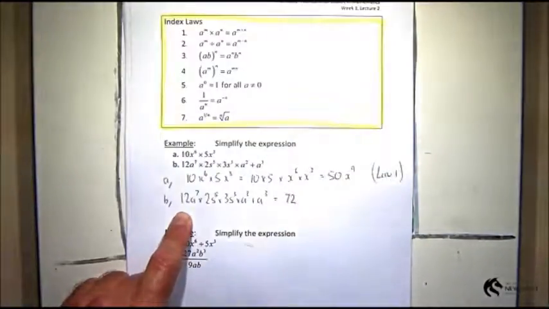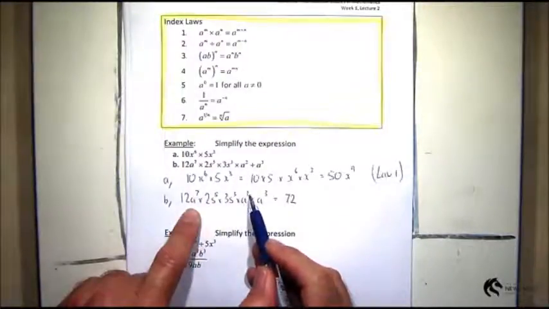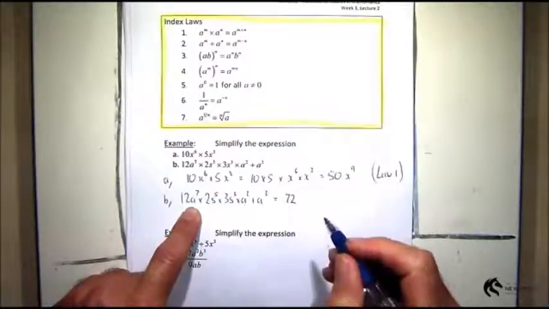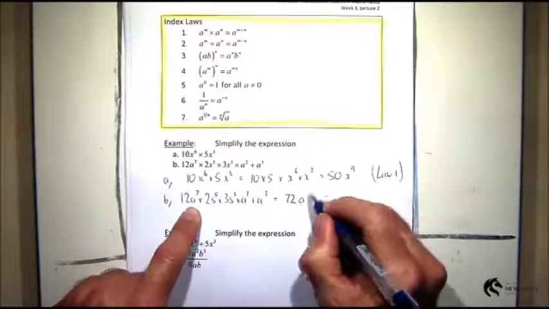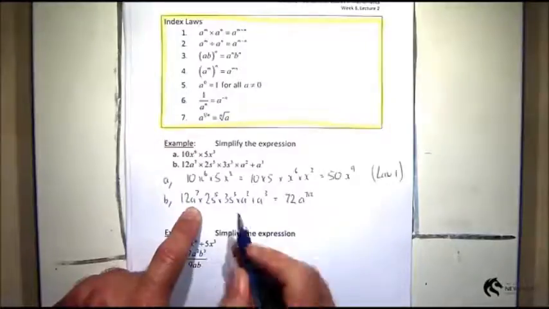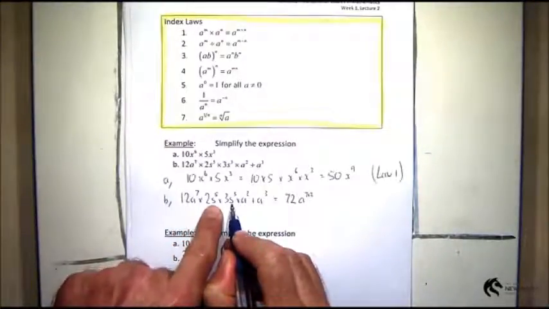Now, I have times a to the 7 and I have here times a squared. They are numbers with the same base. So I can add the indices in here. So this will be a to the 7 plus 2. And here are two numbers with the same base, s to the 5 and s cubed.